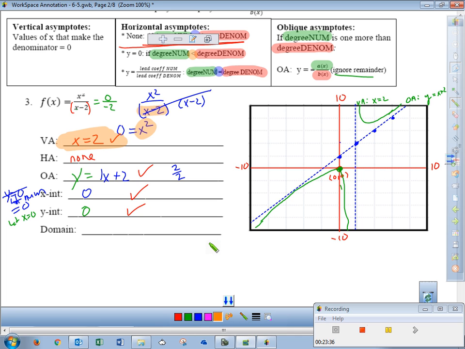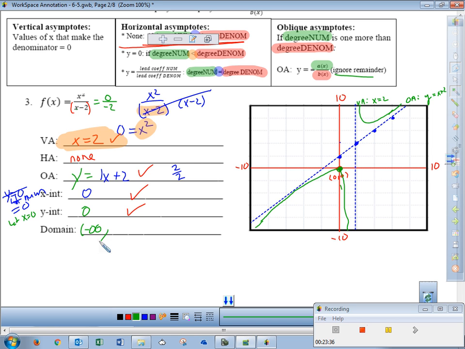So if you took your straight edge and started way over here, would either one of these green branches touch it over here at negative infinity? Yes or no? The answer is yes. Negative infinity is good. That branch right there touches my straight edge.